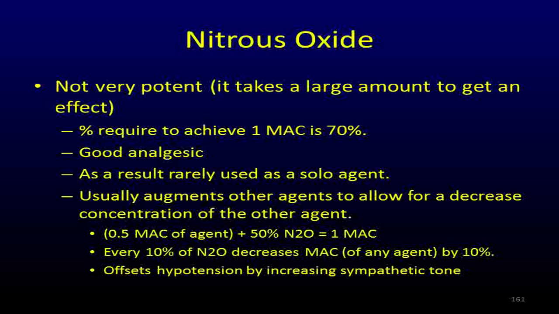If I'm using a lot of sevo or a lot of desflurane, and I see that the patient is starting to drop their MAP, because all inhaled agents will drop MAP in a dose-dependent fashion, I could turn down my volatile concentration and turn up my nitrous, assuming the patient's tolerating it, to offset that drop in blood pressure.